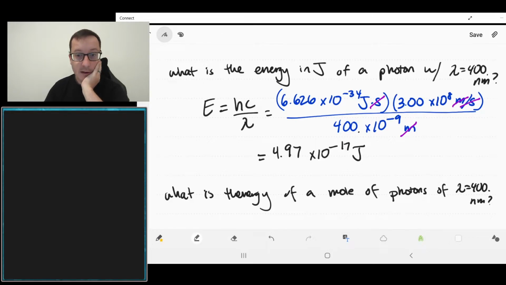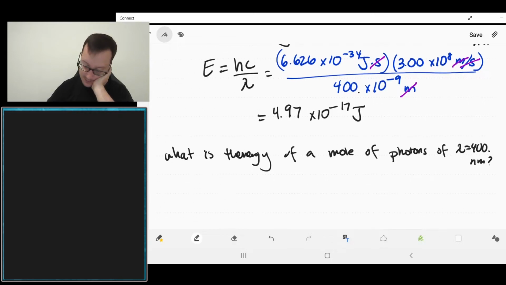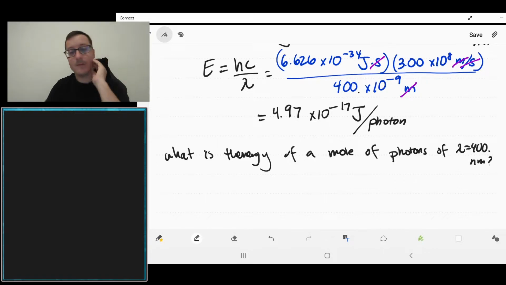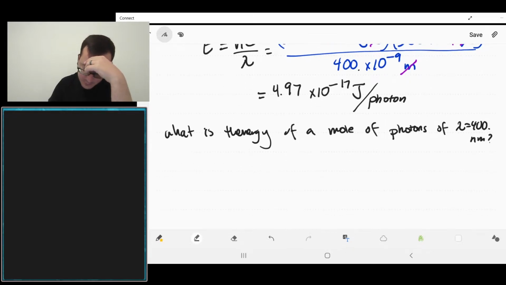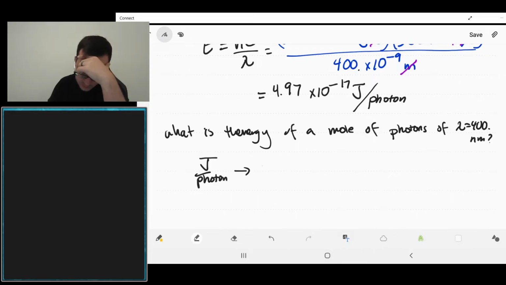So we know that this is technically joules per photon, and we have a number that can cancel out to give us joules per mole, right? How do we go from joules per photon to joules per mole?